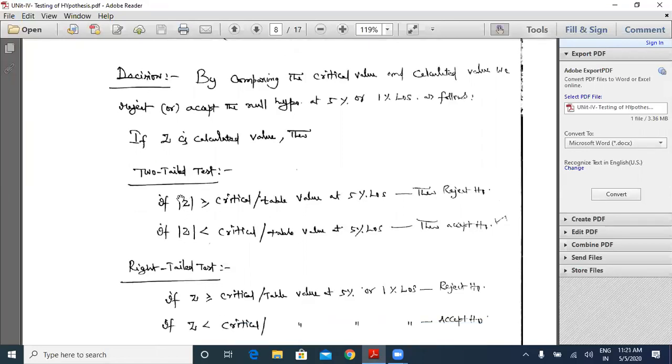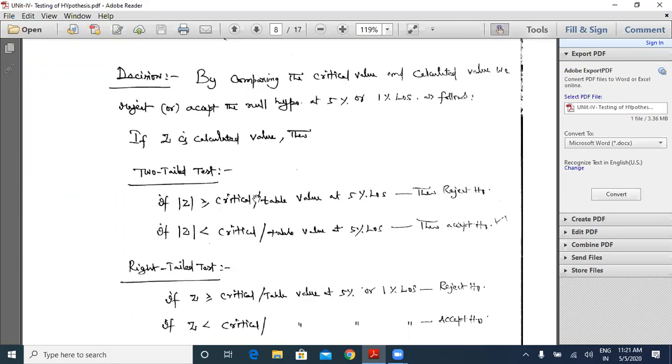For two-tailed test, if the mod of Z calculated value is greater than the critical or table value at 5% LOS, reject H0. If the calculated Z value is greater than the table value at 5%, we reject H0. If the mod of calculated value is less than the table value, we accept H0.